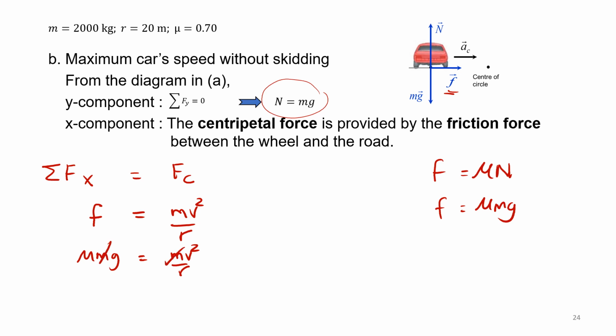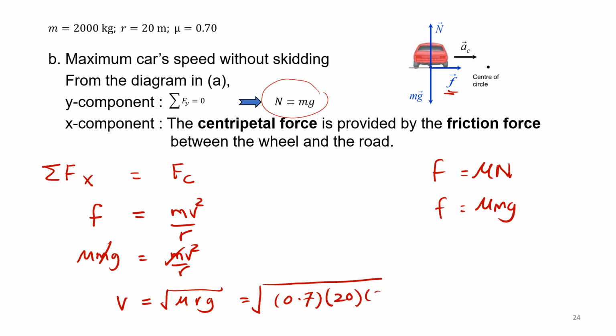And finally, we will have the expression of V is equal to the square root of mu R g. So we will substitute all the values. So mu is 0.7, R is 20, and g is 9.81. And finally, we will get the answer of the maximum car speed without skidding, which is 11.7 meter per second. That's it.